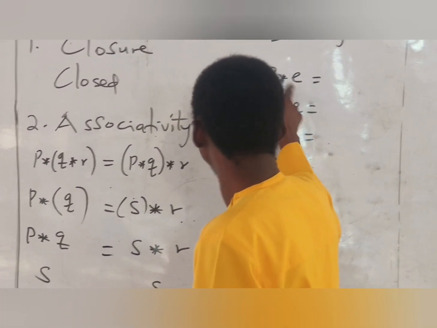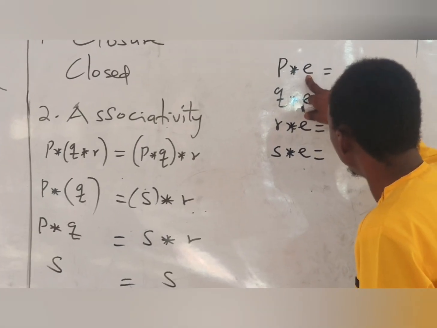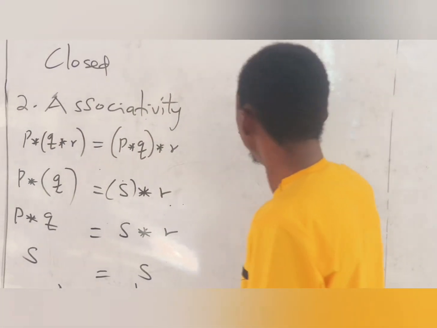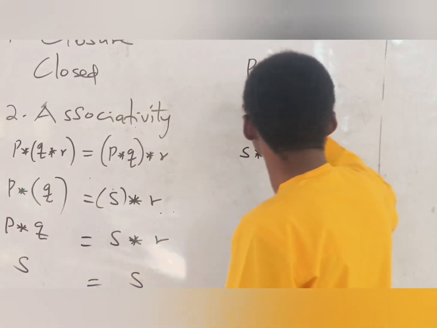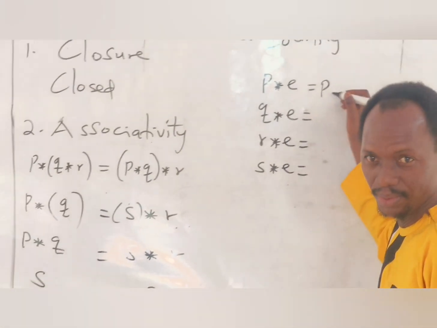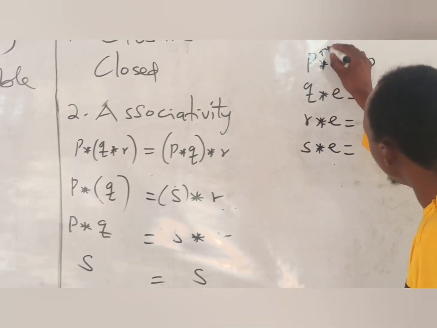So let's go P operation E. What will we operate with P to get P? P operation E must give us P. So what in the table? What did we operate with P to get P?